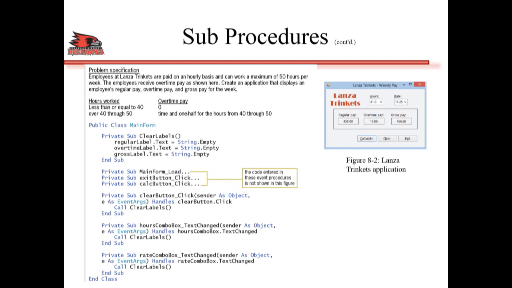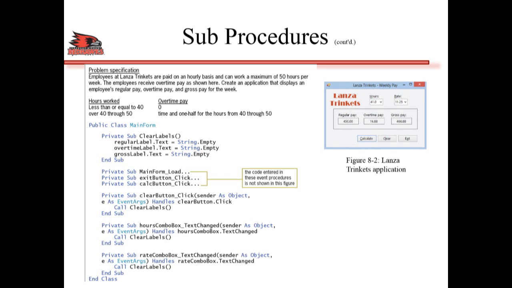Once you write this, you can actually call it in other subroutines, in other procedures, so that the program goes back to this, executes all of this, and comes back to the original procedure.